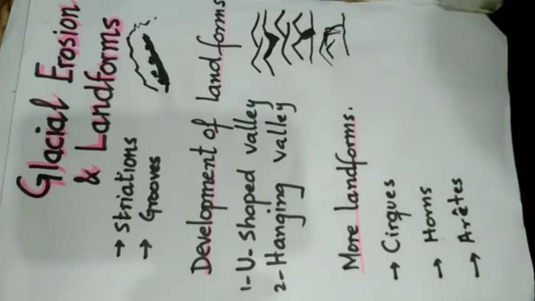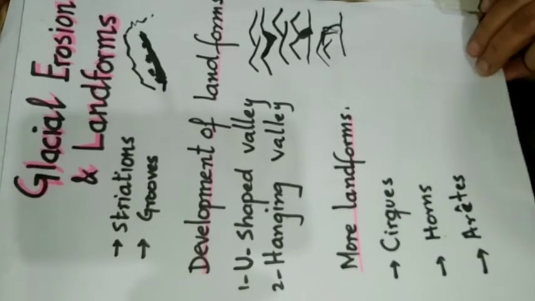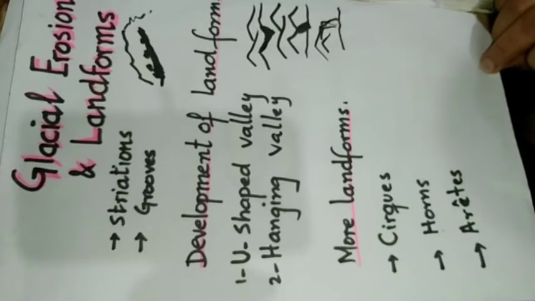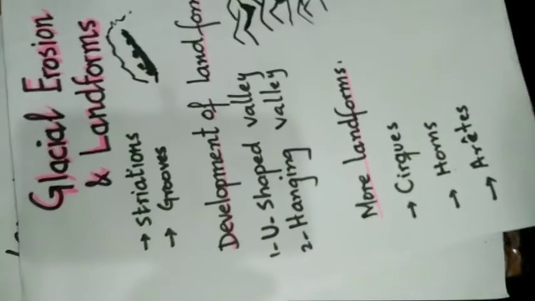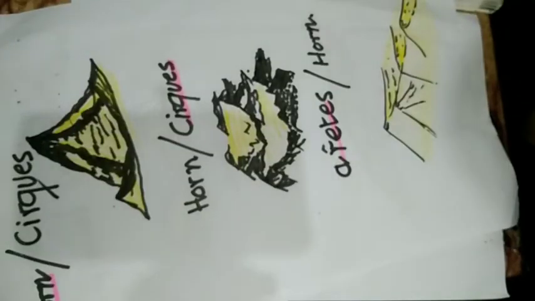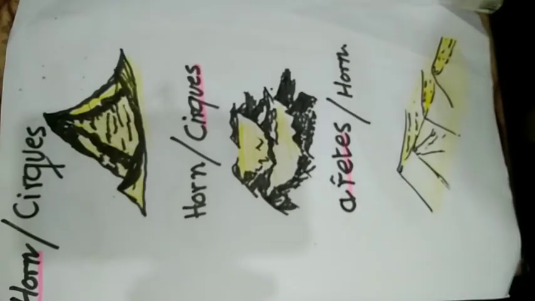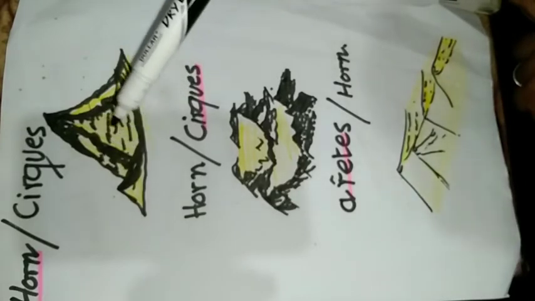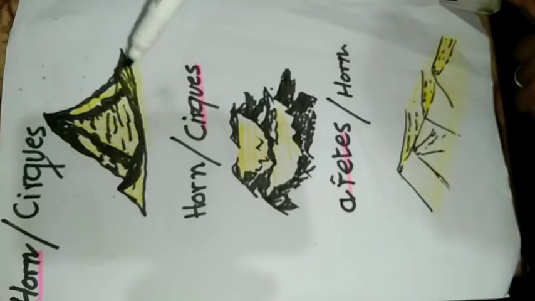More landforms are also created. The main landforms created are cirques, horns and arêtes. These are the landforms created by glacial erosion. The first landform is a horn. You can see this is a peak with a horn shape.